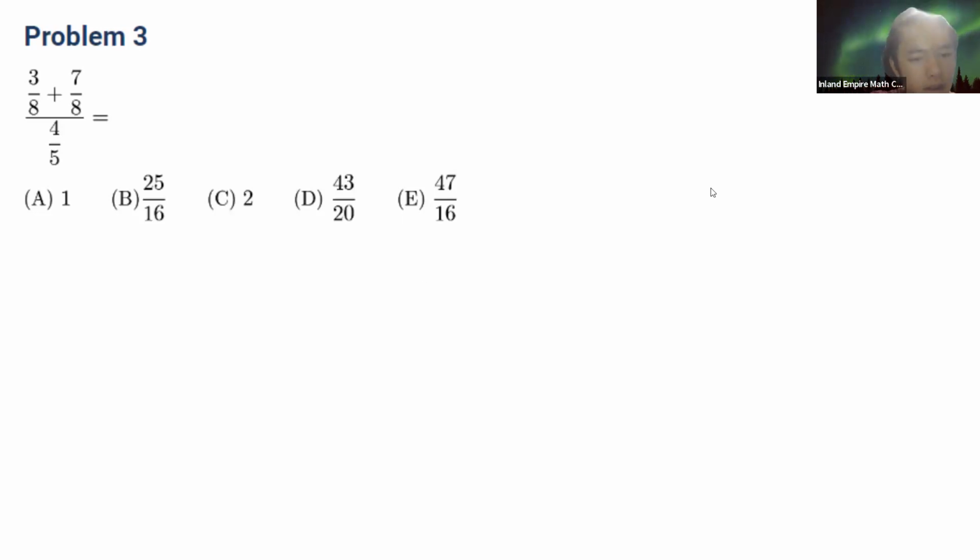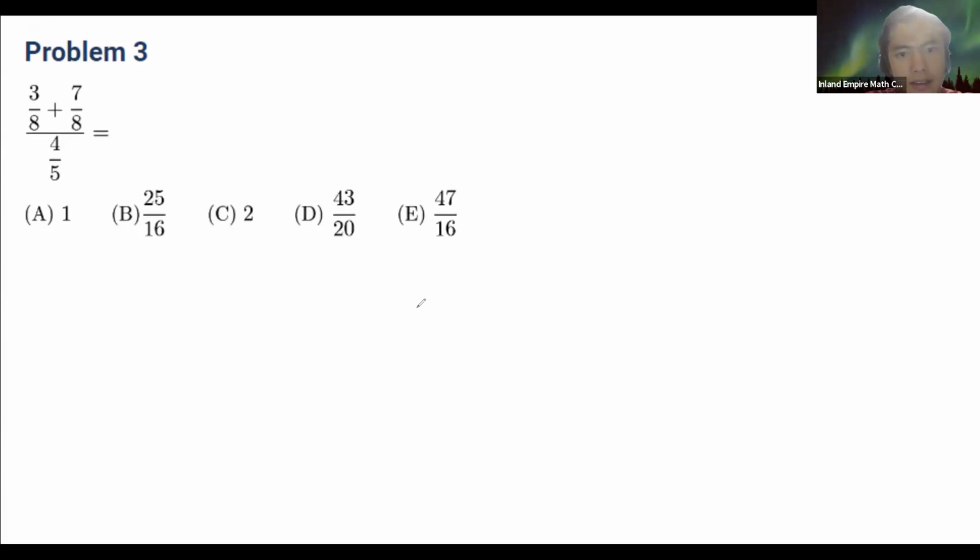So if you just add these fractions together, in which you can in the numerator, because it's 3/8 plus 7/8, so it's 10/8. You can simplify 10/8. Sorry, that was my bad.